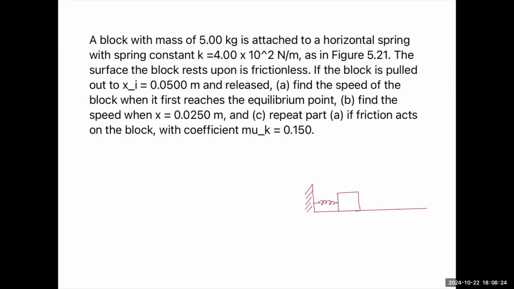Now, the spring constant K equals 4.00 times 10 to the 2 Newton per meter. And the surface rests on the frictionless. So now here, the first case, in the first part, frictionless surface.